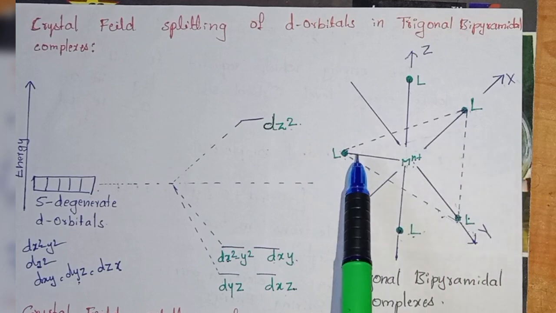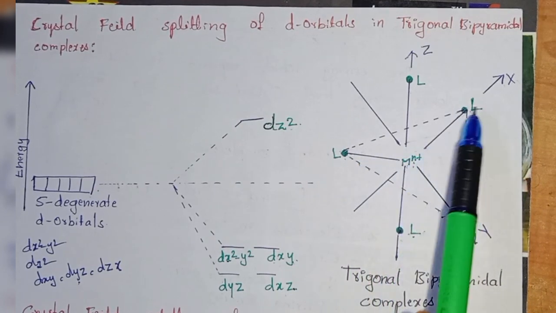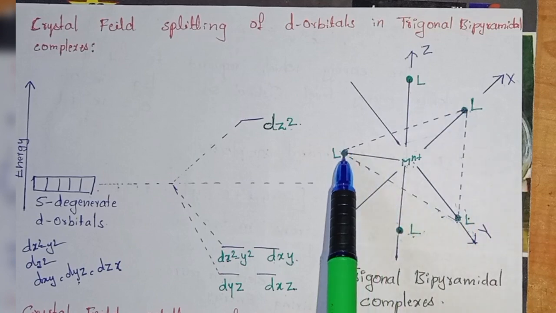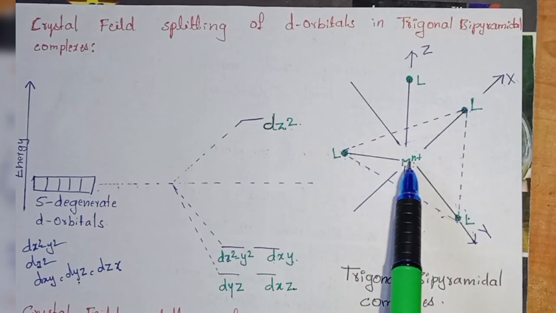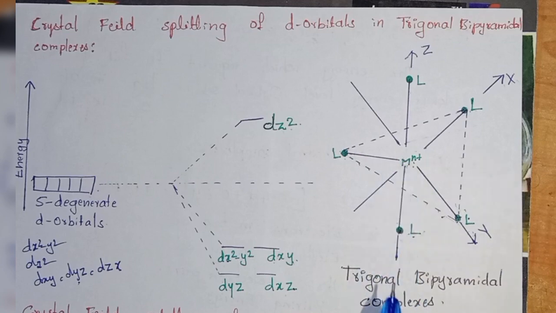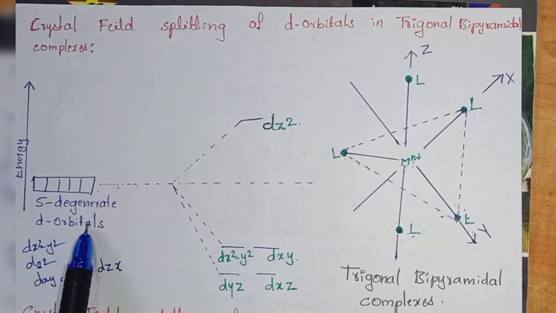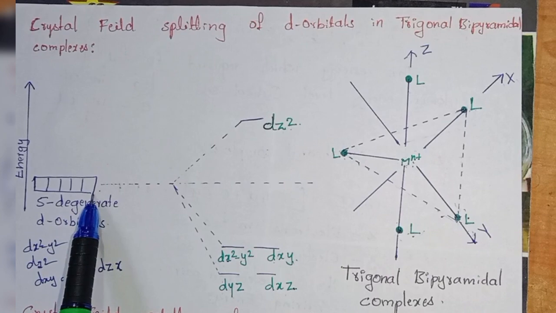And if we observe the approaching of ligands towards the metal ion, all the ligands are approaching the metal ion along the axis. So if you see the splitting, when the metal is in free state, all the 5 d orbitals are in degenerate state.